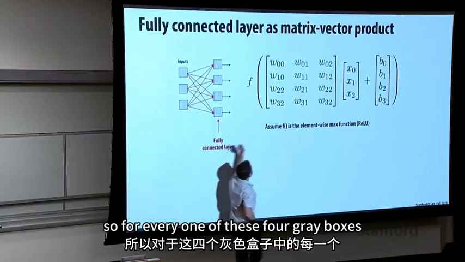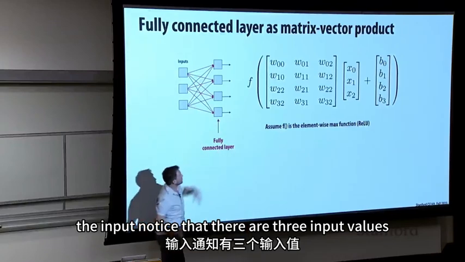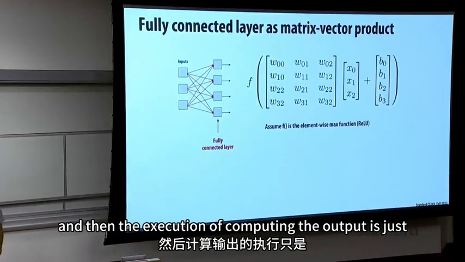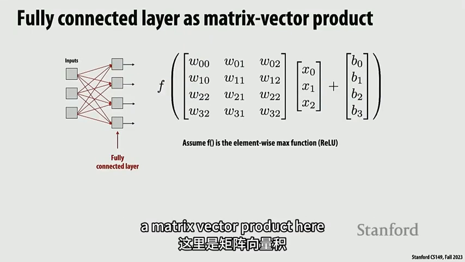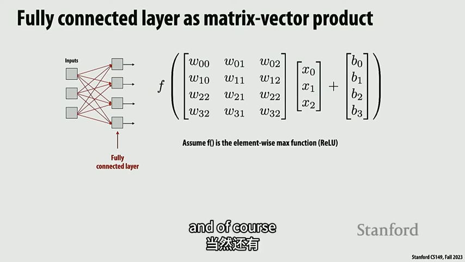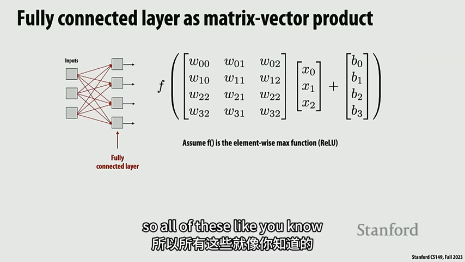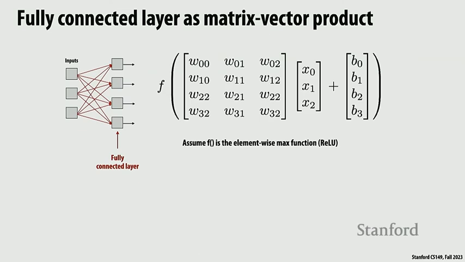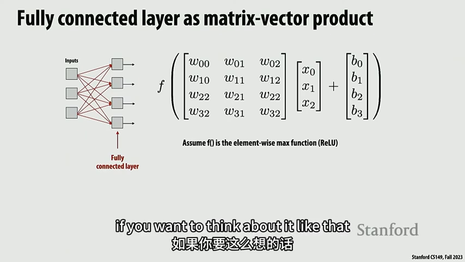So for every one of these 4 gray boxes, there are 3 weights. Notice that there are 3 input values, the right-hand side vector x. The execution of computing the output is just a matrix vector product, and of course that goes through the nonlinearity f. So these fancy diagrams start boiling down to dense matrix algebra pretty quickly, if you want to think about it like that.